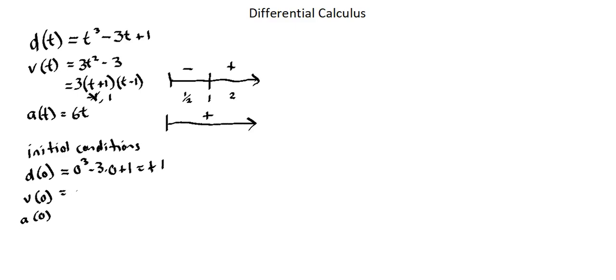For velocity, my input of 0 is 3 times 0 squared minus 3 equals -3. And the input of 0 into the acceleration function, 6 times 0, equals 0. My interpretations are I am 1 unit right of origin in position. For velocity, I have a negative value, so I have leftward motion.